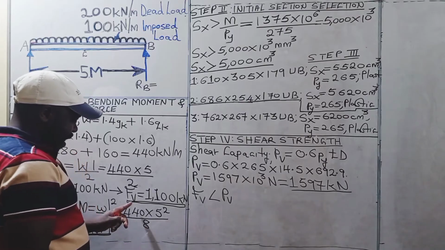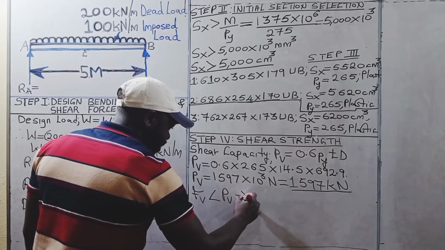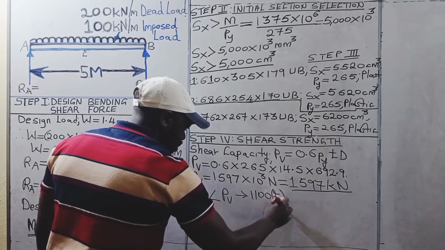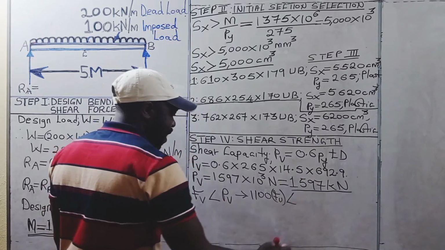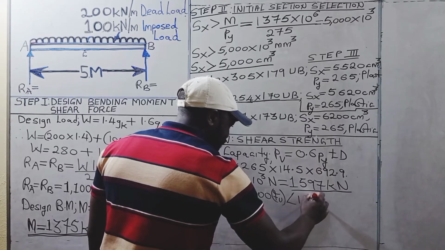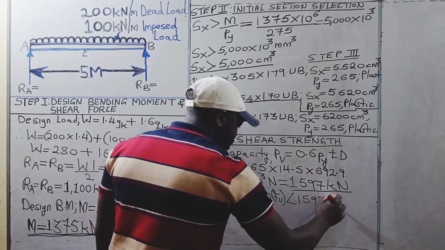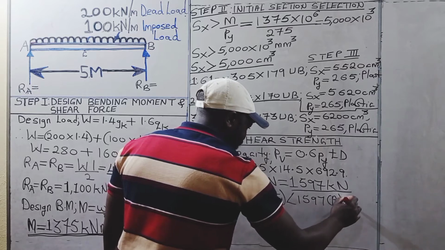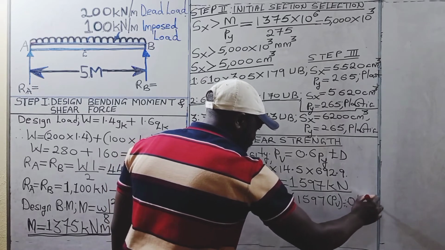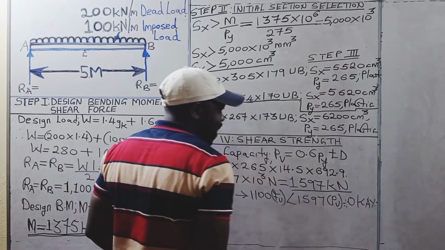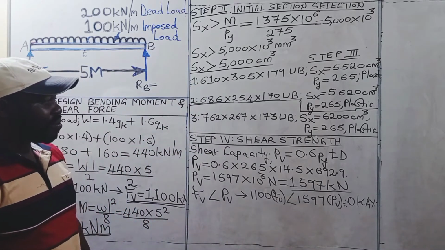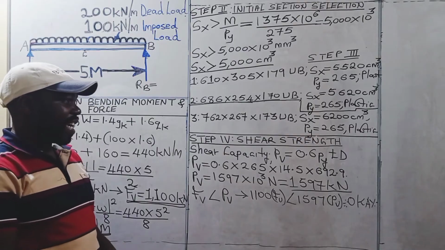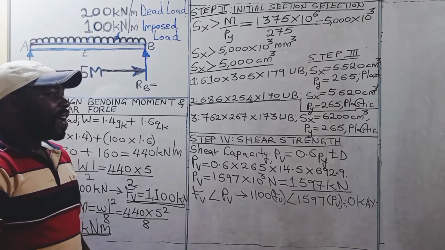And therefore, we find that the shear force, which is 1100 kilonewtons, is actually less than 1597 kilonewtons, which is the shear capacity, and therefore it means that the section we have selected is okay when it comes to resisting excessive shear.